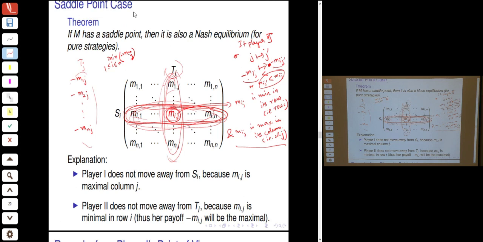And then you want to find the minimum guaranteed payoff for player 2 if he employs strategy j, and that's just the minimum over i, the minimum over the rows, of minus Mij, right? But notice that the minimum of the negative of these quantities is just the negative of the maximum. Because if you take a bunch of negative numbers, their minimum is just the maximum of these numbers with the negative sign in front. Okay?